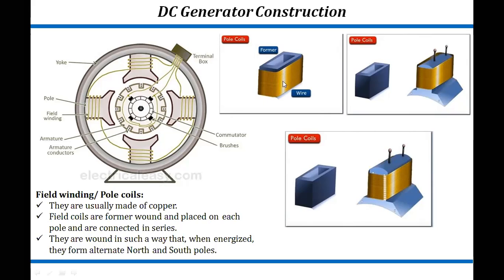On the side we are using copper, this is nothing but copper wire because it is a good conductor, and we are putting the field coil, which is formed, and these are wound on each pole, and these are connected in series. If you see, these are connected one by one. So we can say these are connected in series, and when they are energized, they will form two poles. These are nothing but north and south.